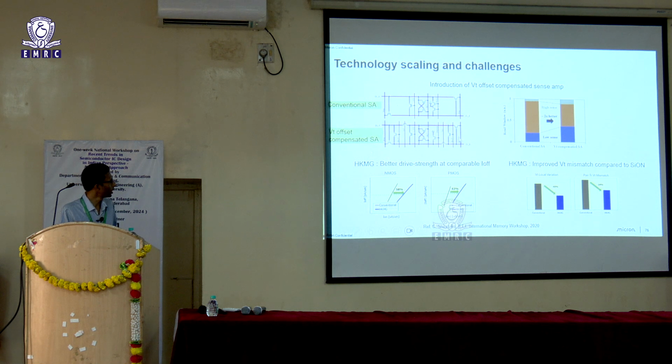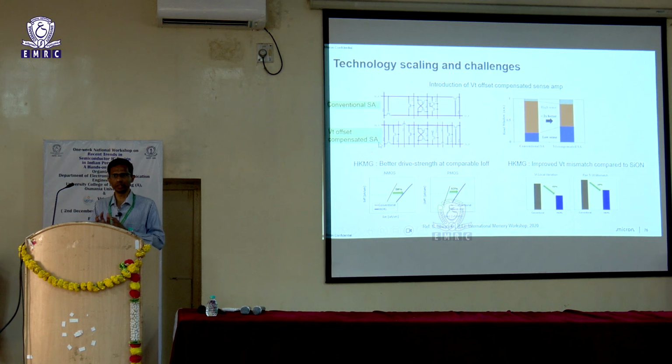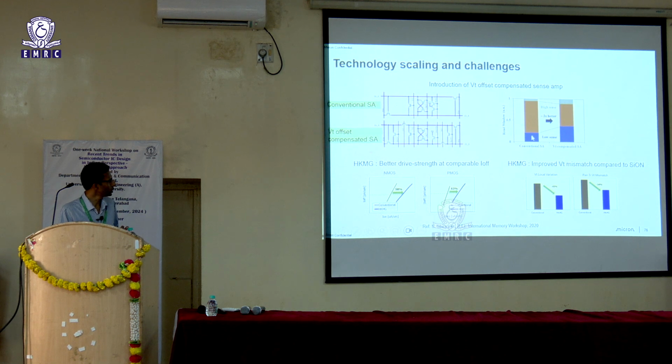So to cater to that, there is a circuit technique that is employed wherein you somehow nullify the VT variation component here. So with that, you are actually able to improve the margin. So what was 0.1 probably gets improved to 0.2, and what was 0.9 probably gets improved to 0.8. So that way you are building in more reliability into your system, and that is at the circuit level.